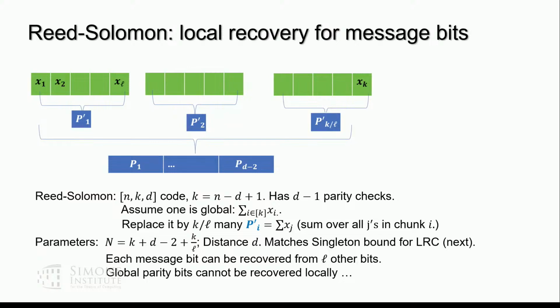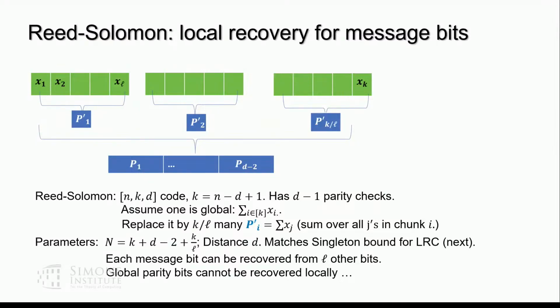As an example, starting from a Reed-Solomon code, we can get somewhere close to this goal. These are called pyramid codes. The idea is as follows.